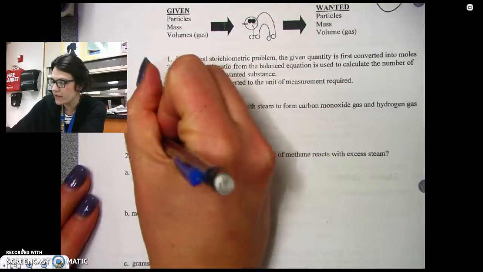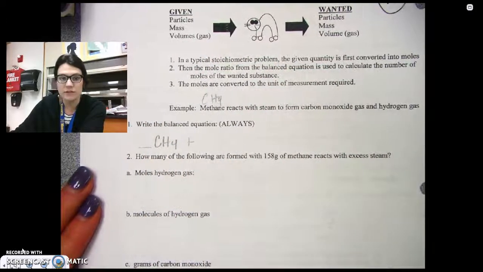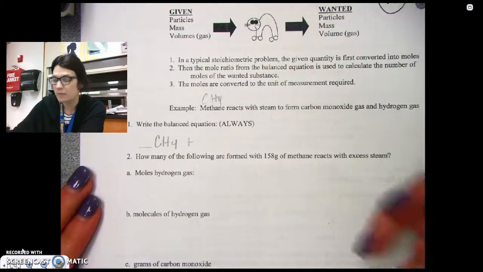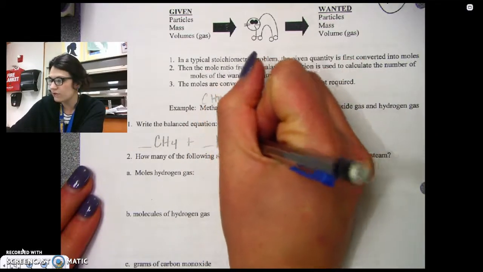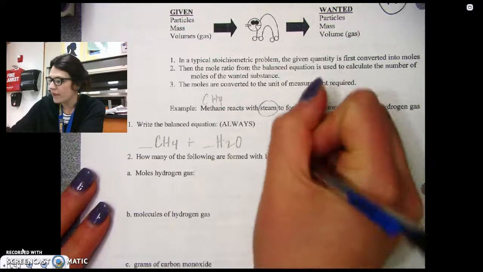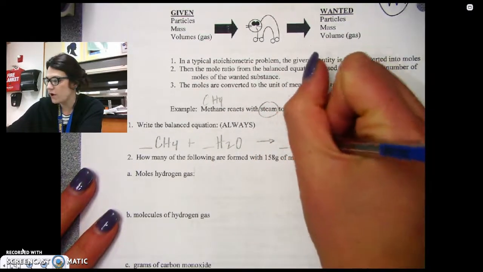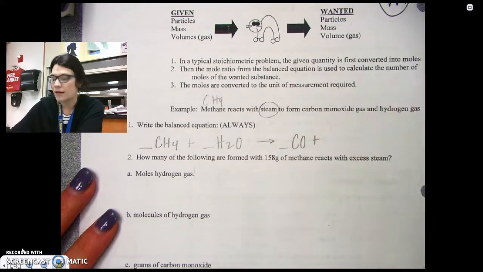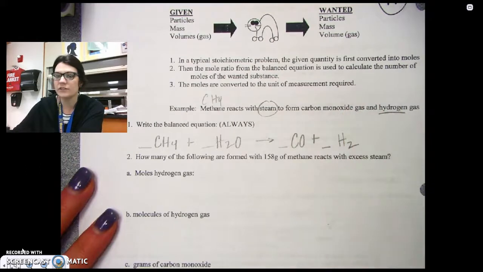So I have CH4 and steam, which you know steam is H2O. If not, I just told you. And we are creating carbon monoxide, which is CO, and hydrogen gas. Hydrogen's a Hofbrinkel, so it's going to be H2.